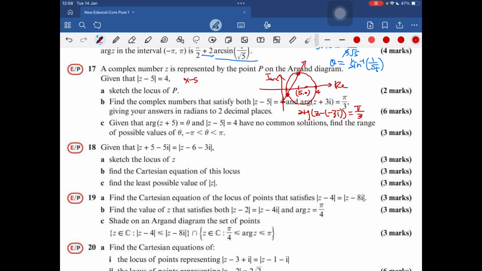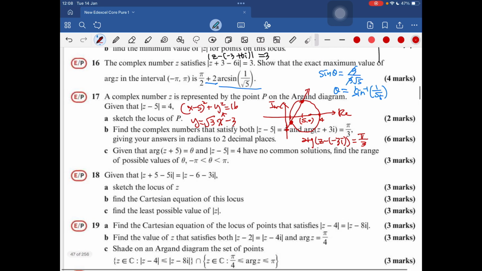So x minus 5 squared plus y squared equals 16, and y equals square root of 3 x minus 3, where square root of 3 is tangent pi over 3, because that is the slope. So we put it here and solve the equation.